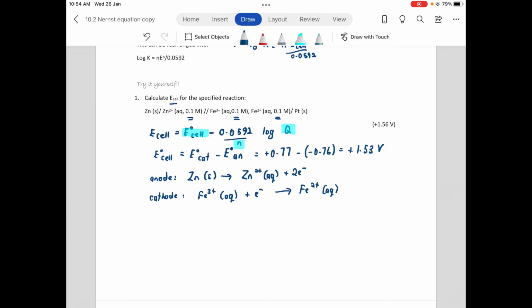Okay, so since number of electron is not the same with both equation, so the second equation needs to be multiplied with 2. Kita kena multiply dengan 2. 2 electron, 2 Fe2 plus. Baru sama number of mole of electron, then baru can cancel lah. So then we combine the equation.